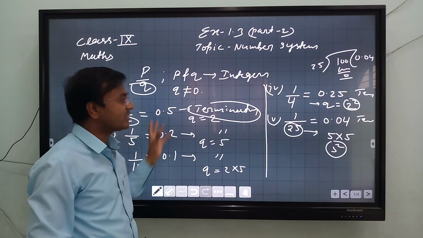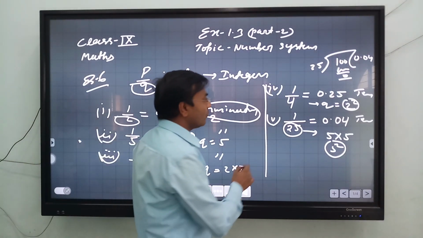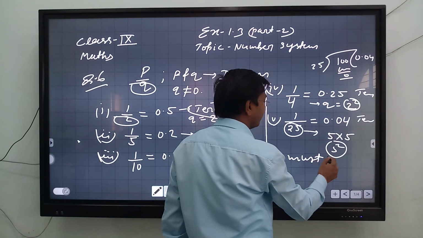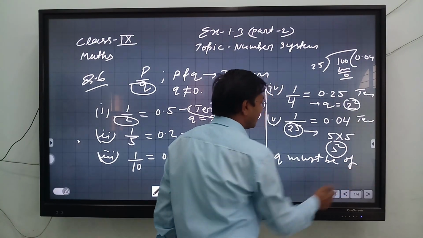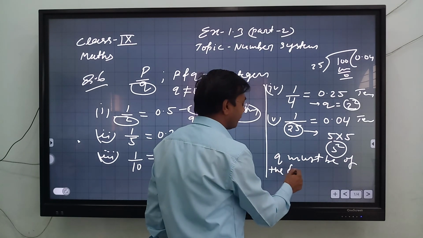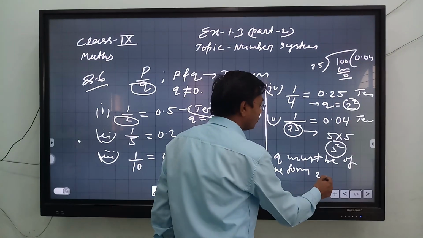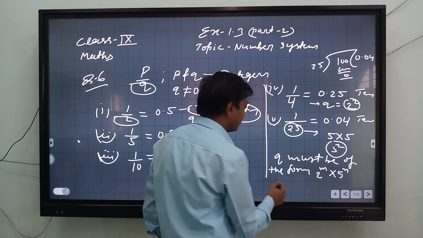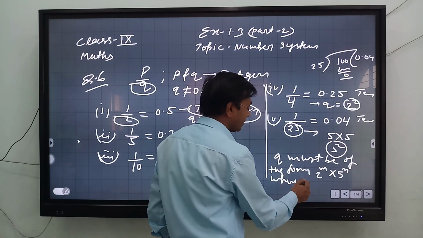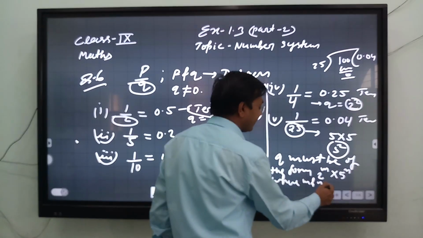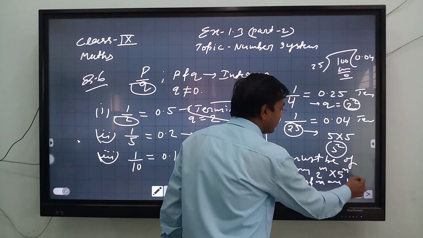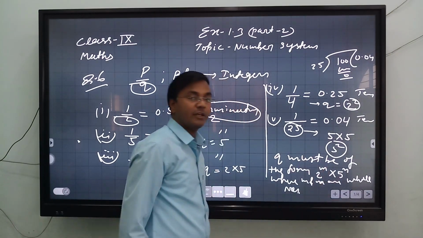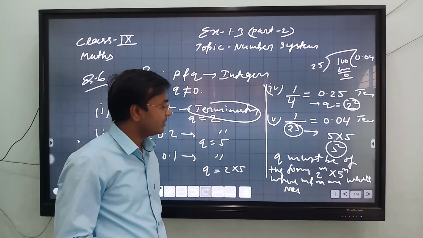So by looking at these several examples, we can conclude that for a terminating decimal, q must be of the form 2 raised to the power n times 5 raised to the power m, where m and n are whole numbers, or you can say non-negative numbers.